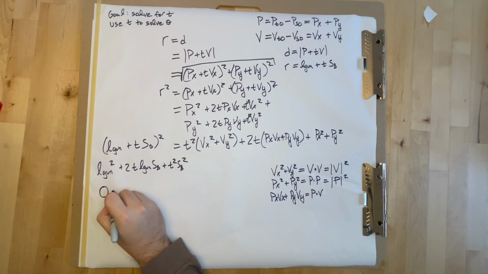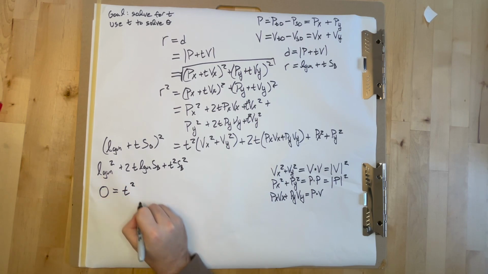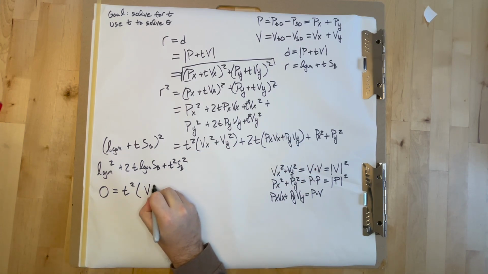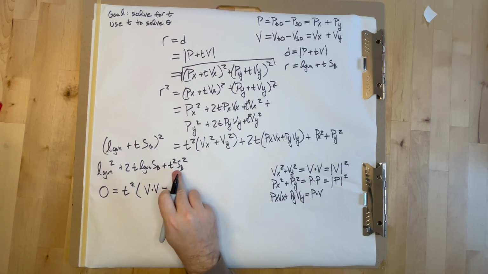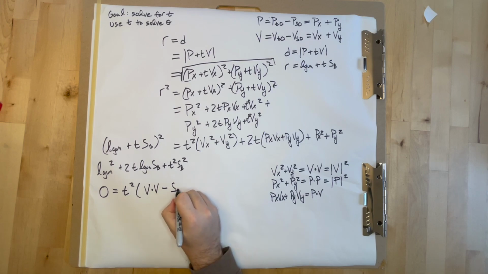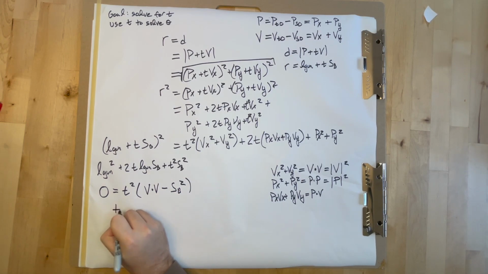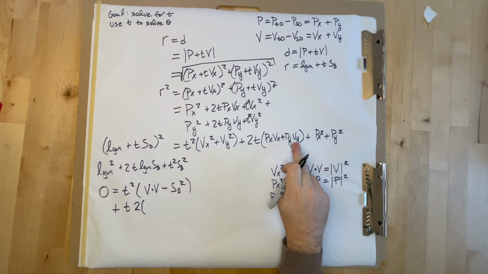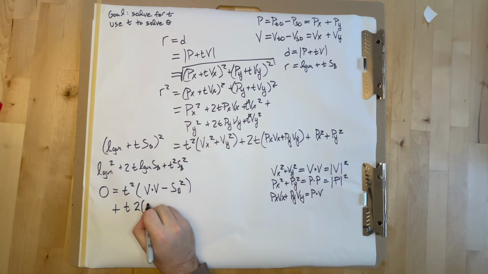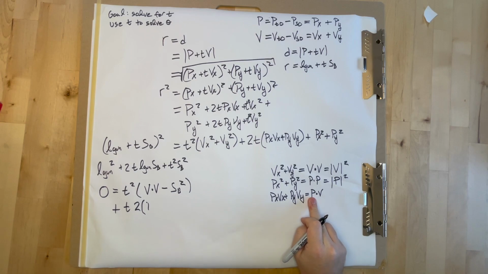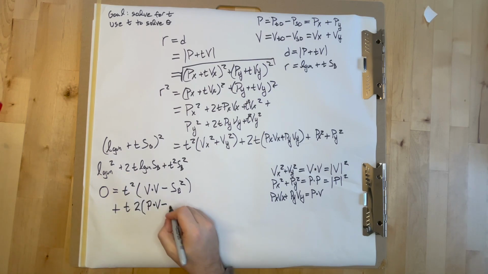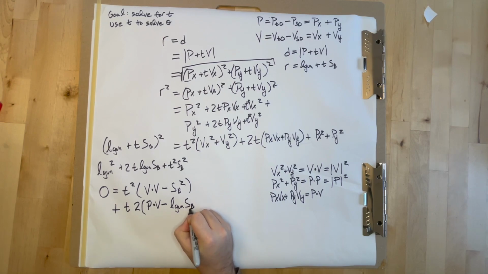So we say 0 is equal to t squared times, remember we have vx squared plus vy squared is equal to v dot v, so v dot v minus our t squared term from this side, which is the speed of the bullet squared, plus t times 2 times, we have our px vx plus py vy, which is equal to p dot v, p dot v minus our 2t term from this side, which is L gun times the speed of the bullet.